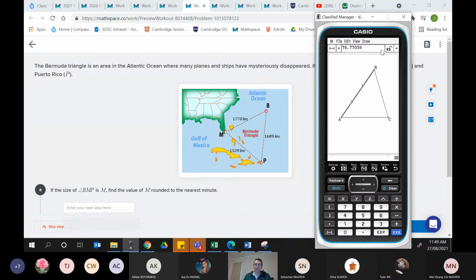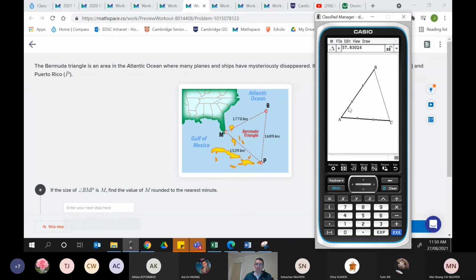So I'm just going to start whacking in my information. 1770, lock it in, 80. Why wouldn't I use this? 1609. 1529. Just going to double check I got everything correct because I haven't been on my game today. 170, yep. 9, yep. And 15, yep.